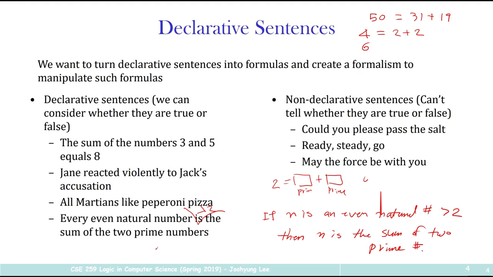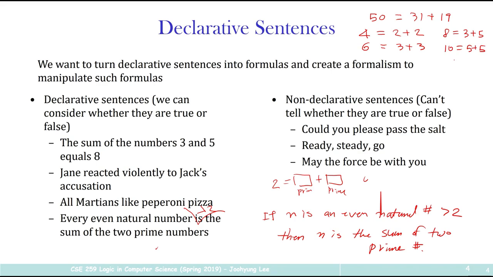What about 6? 3 plus 3. Right? Okay, so 6. What is the next? 8. 8 is 3 plus 5. 10? 5 plus 5. Okay.